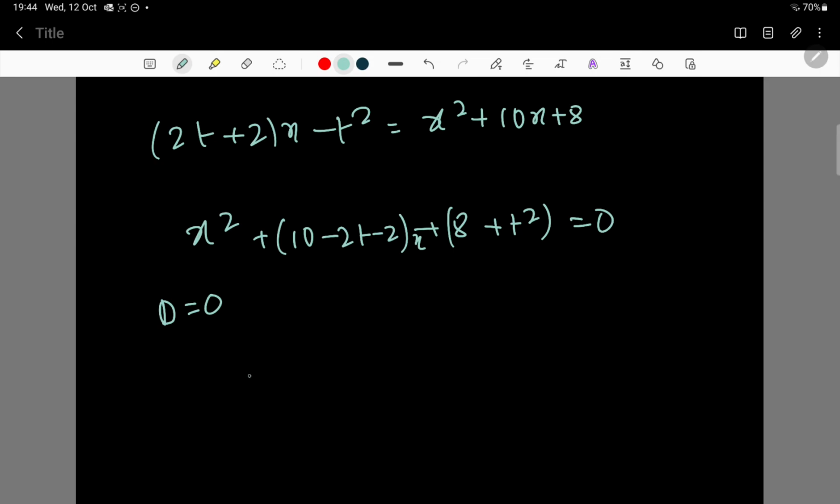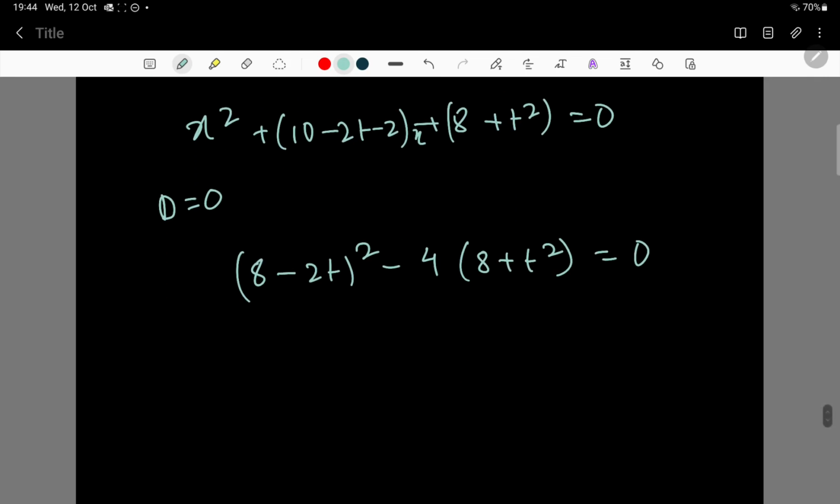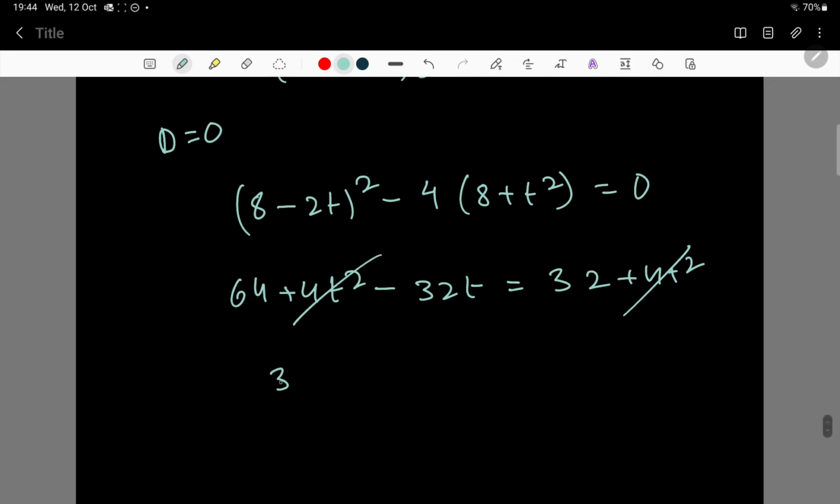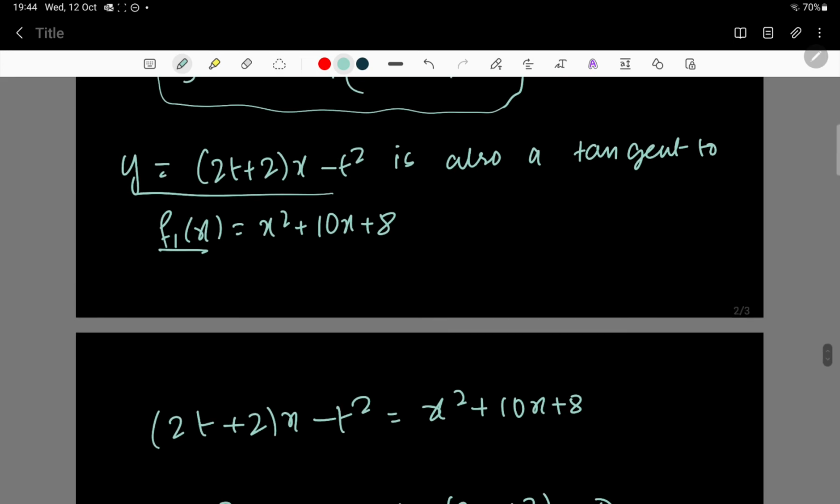So this would be 8 minus 2t whole square minus 4 times 8 plus t square equals 0. That would be 64 plus 4t square minus 32t equals 32 plus 4t square, so 4t square is gone, and 32 equals 32t, so basically t is 1.